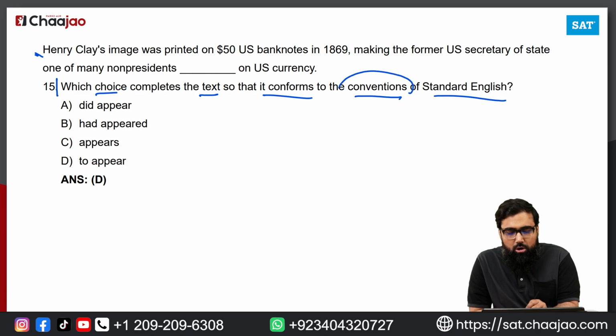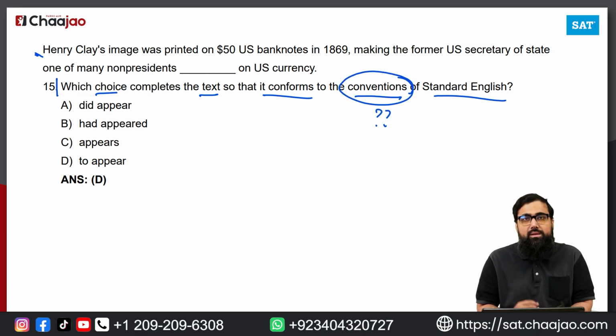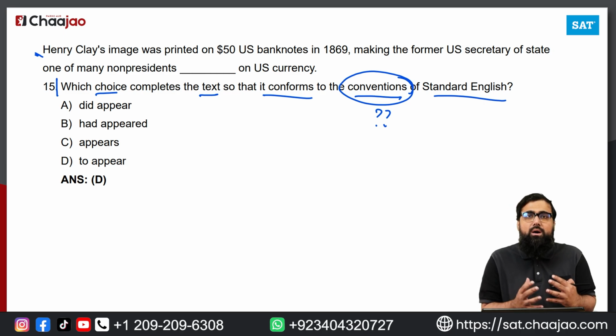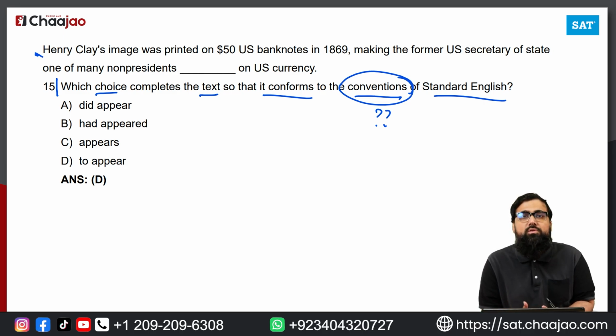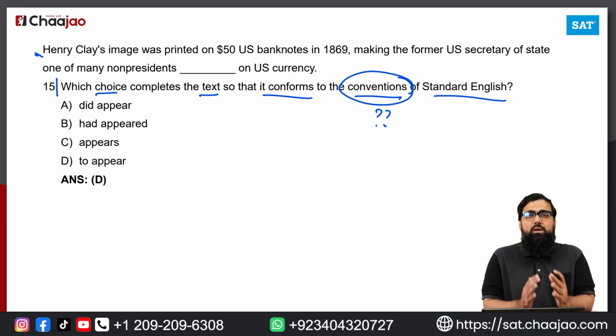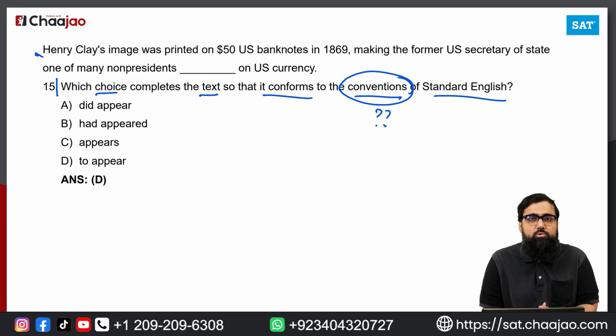If you do not understand after reading the question which convention is being tested, then there's a problem. If you don't know the convention that is being tested, it will be very difficult for you to get the right answer, because you don't know in the first place what you are being tested on. That is something you have to understand for all the questions, and that would only happen if you have a backlog of studying all of those rules, right?